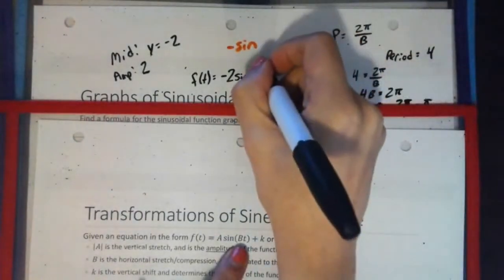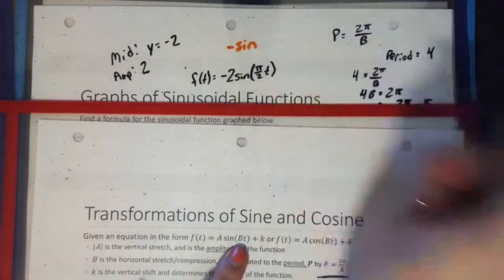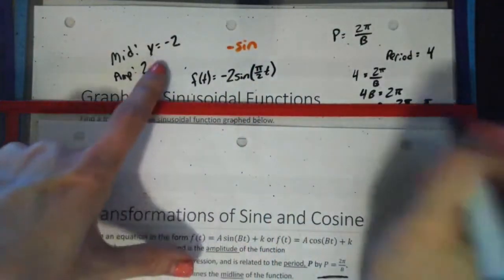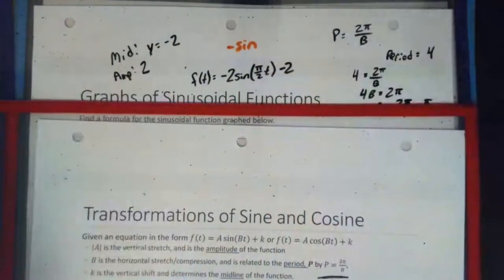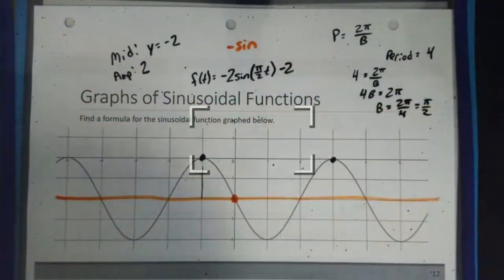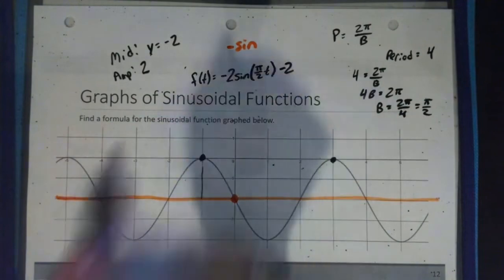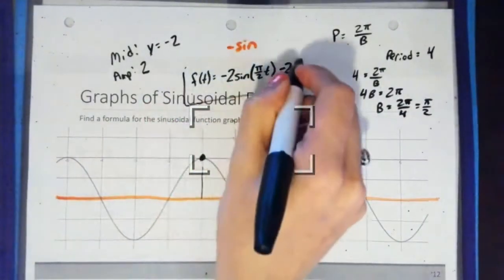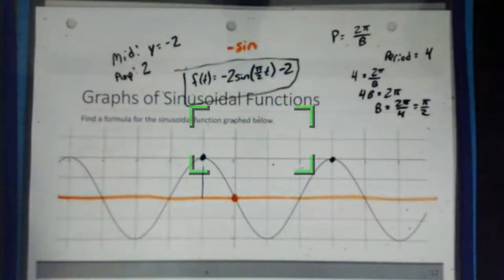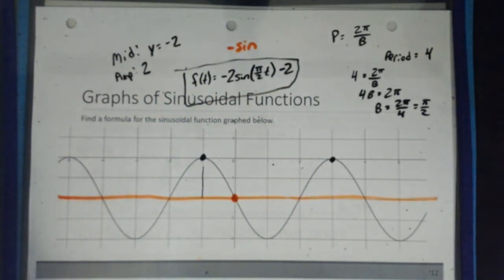Our b value was pi over 2. And then we had t plus k, which is our midline. So we have -2. So this is the graph of f of t equals -2 times the sine of pi over 2 t minus 2.